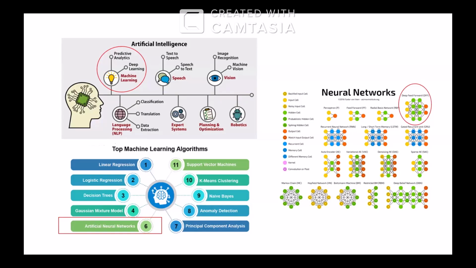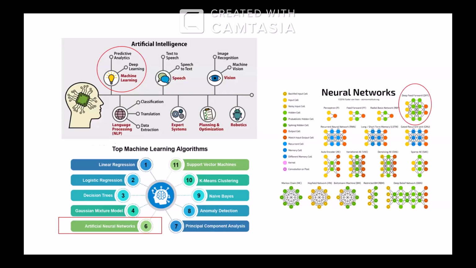Now I think you are able to understand that Venn diagram, right? So artificial intelligence is the major domain. Within that, there are many intelligence making strategies. One particular strategy is called what? Machine learning. And within machine learning, based on different theoretical aspects, we have different families of algorithms.